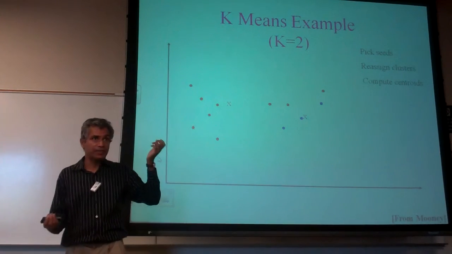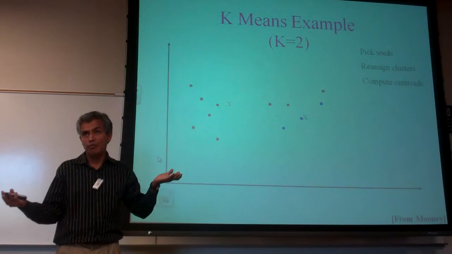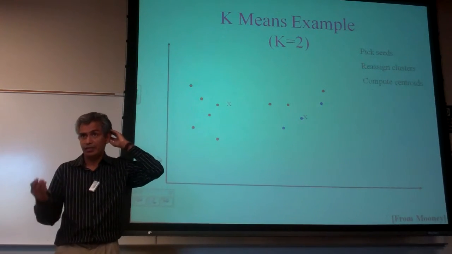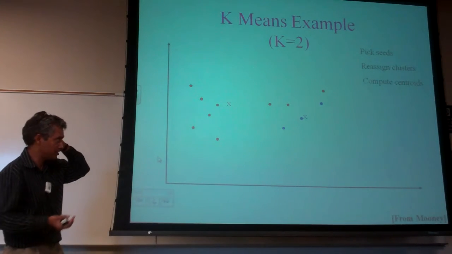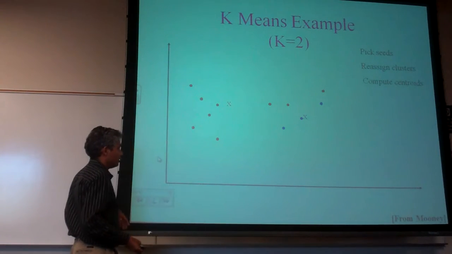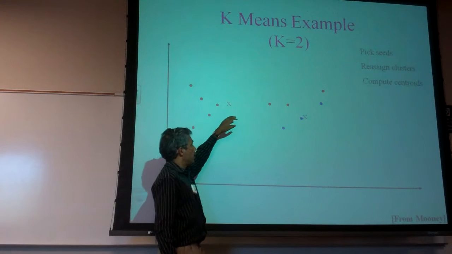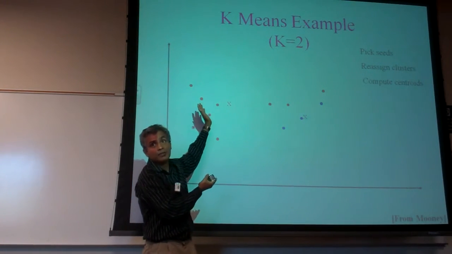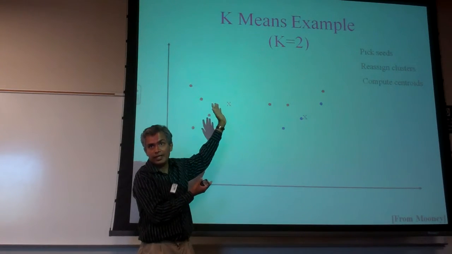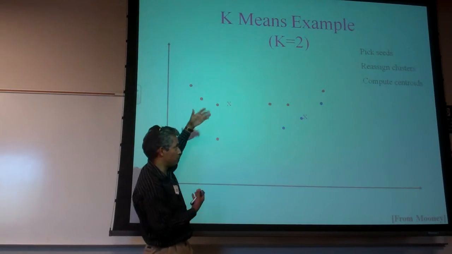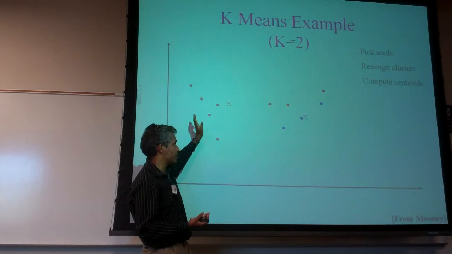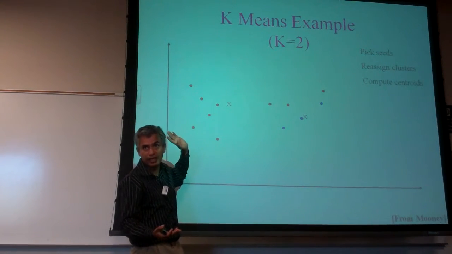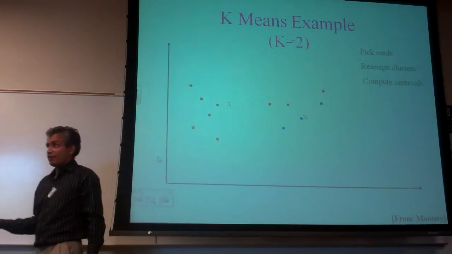When I say distance, any distance would be fine, but for text, normally you would use cosine distance, that is, similarity, the inverse of distance. In the picture itself, we are thinking in terms of Euclidean distance, because that's how you can see which one is closer and which one is farther apart. Clusters might be different if you use a different distance metric.